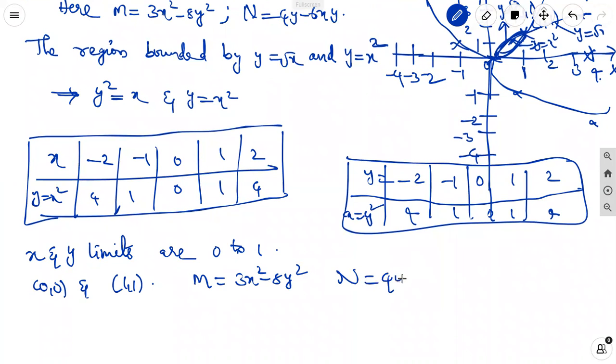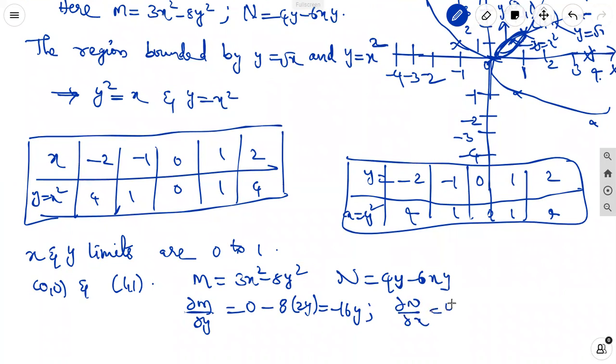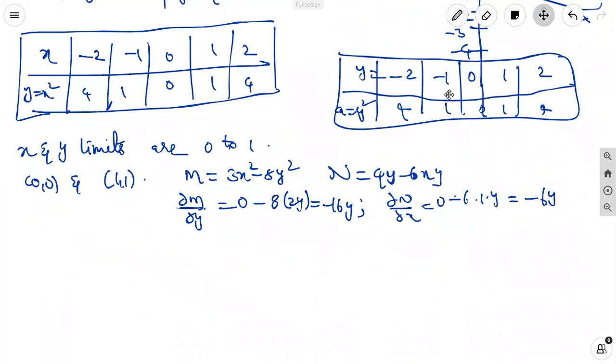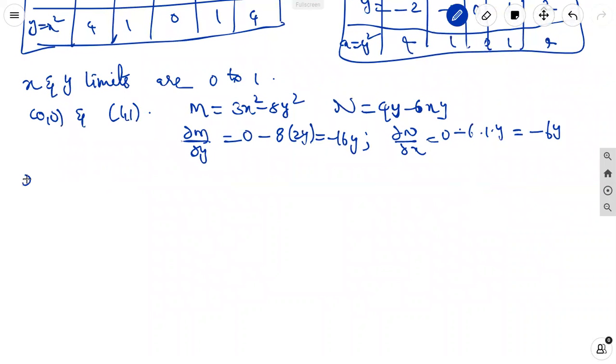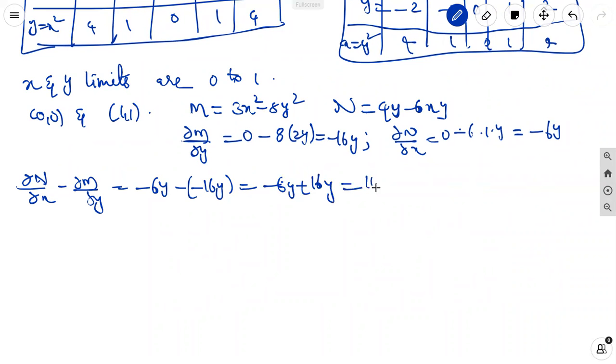N = 4y − 6xy and M = 3x² − 8y². ∂M/∂y is 0 − 8 × 2y, which equals −16y. ∂N/∂x is 0 − 6 × 1 × y, which equals −6y. Subtracting, ∂N/∂x − ∂M/∂y = −6y − (−16y) = −6y + 16y = 10y.